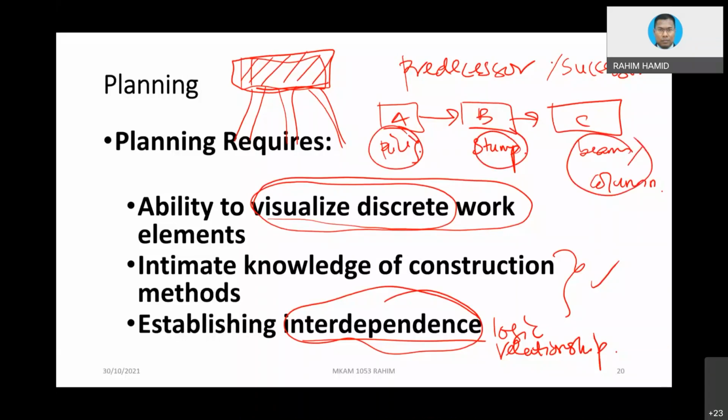So in planning, for instance, once you have those things, the way we come up with this activity. Now let me erase this thing.